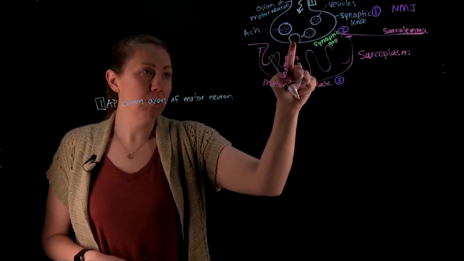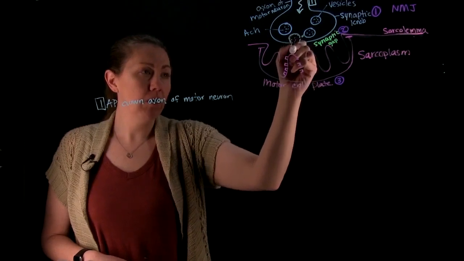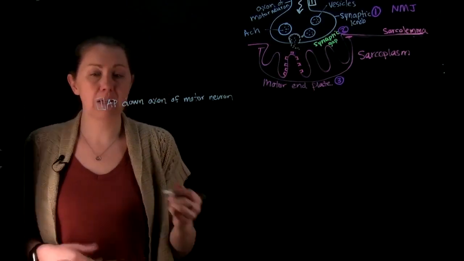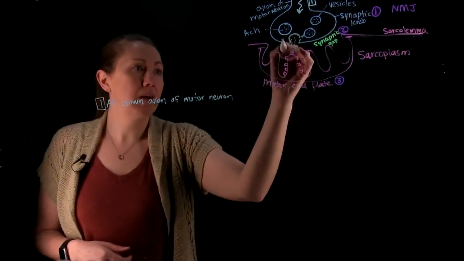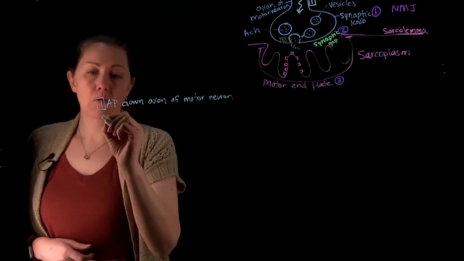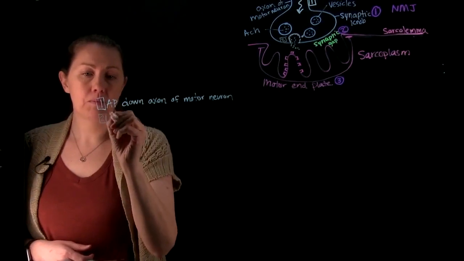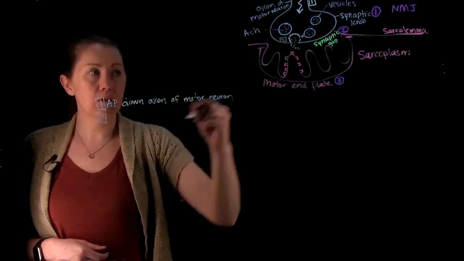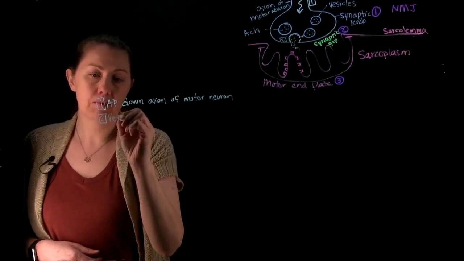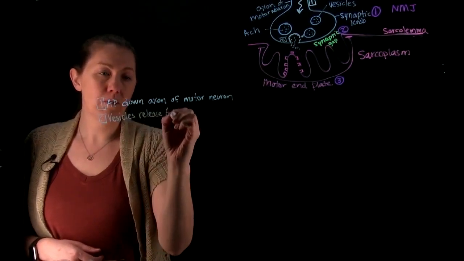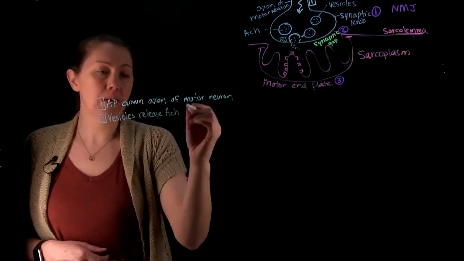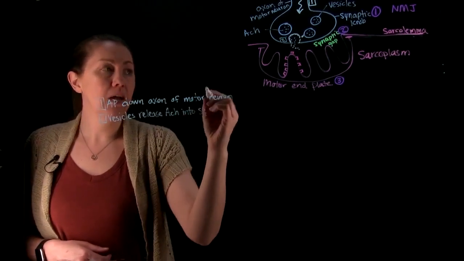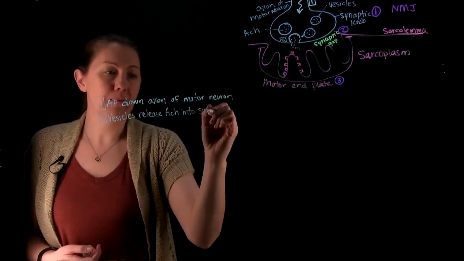And when it fuses, it opens up. And now acetylcholine is free to enter that synaptic gap or synaptic cleft. So this will be our second step. So number 2 is we're going to get vesicles to release acetylcholine. Remember, ACH is the abbreviation for acetylcholine, into the synaptic cleft or gap.